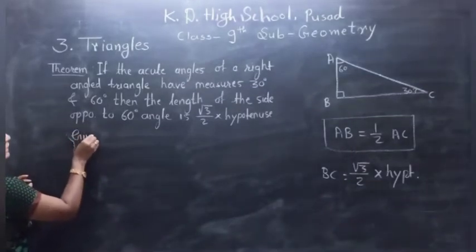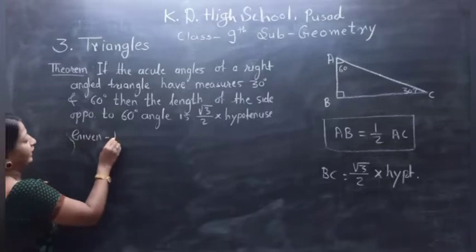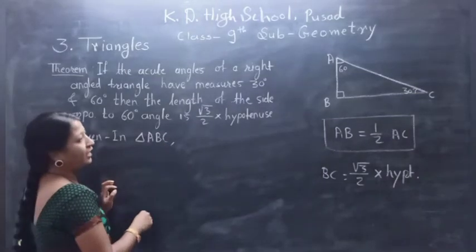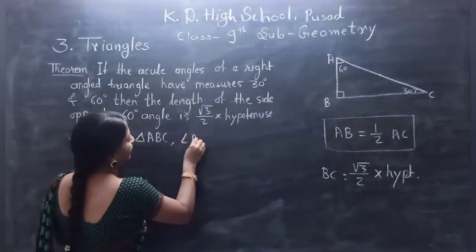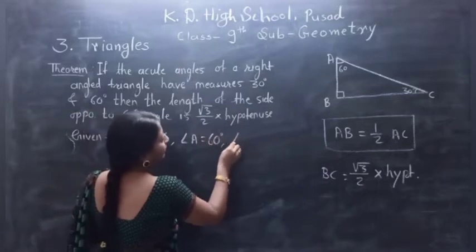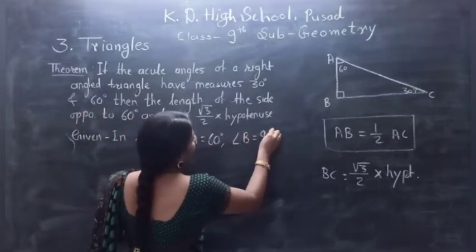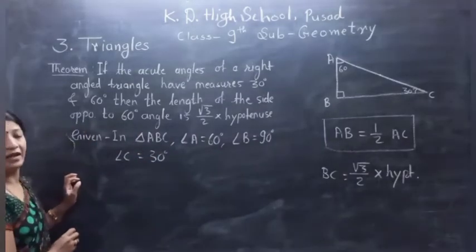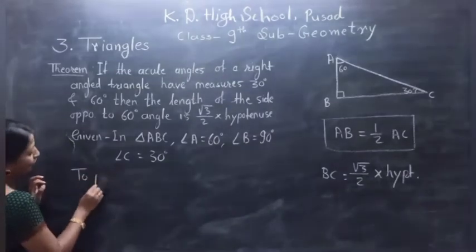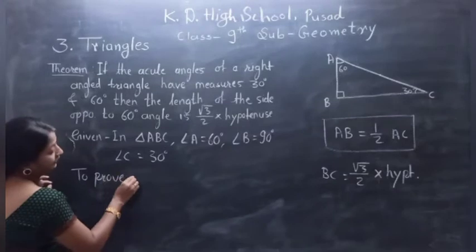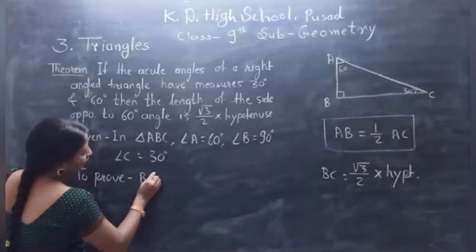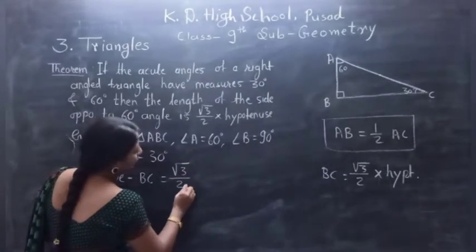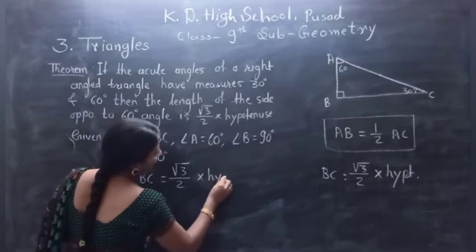In triangle ABC, similar to the last theorem, angle A is equal to 60 degrees, angle B is equal to 90 degrees and angle C is equal to 30 degrees. We write the measure of all the angles, and what we have to prove? We have to prove that BC, the side opposite to angle 60, is root 3 by 2 times the hypotenuse.